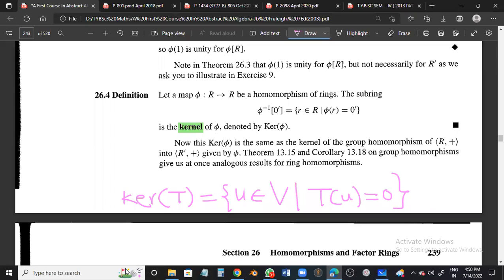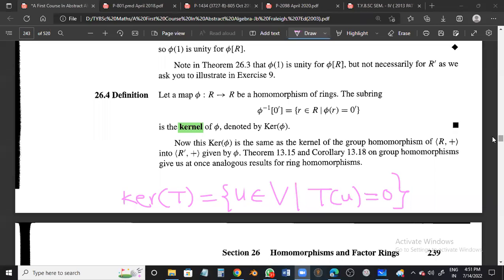So in vector spaces, you have learned this kind of thing. How many of you remember? None? Okay, very good. All right, I would like to repeat the definition for you.